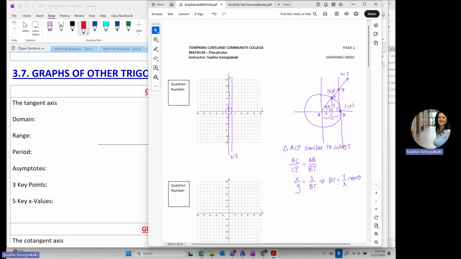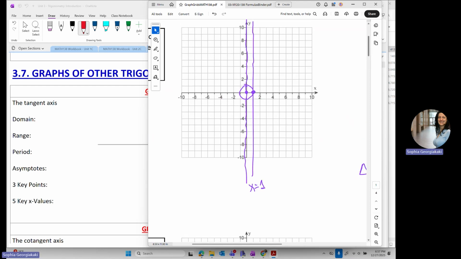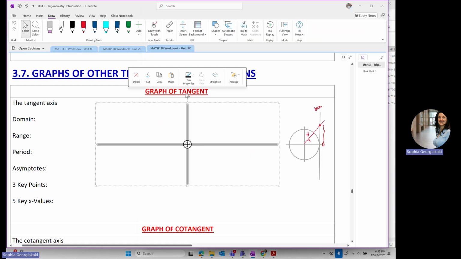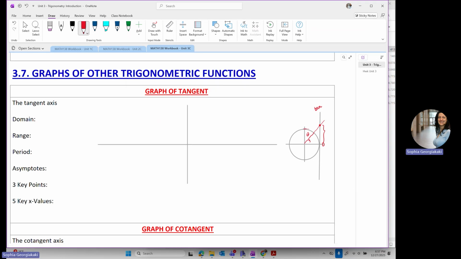It has a 0 here. Let me zoom in a little bit, maybe we can see a little better. So it has a 0 here, then it has a 1, then a 2, then a 3, then a 4, then a 5, and then going down it has a -1 and a -2 and a -3 and a -4. So when we are enlarging, this is the 1 on the vertical axis, which is the sine axis, and this will be the 1 on the tangent axis.